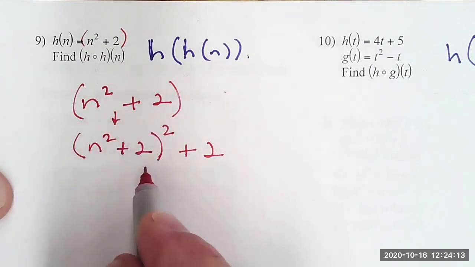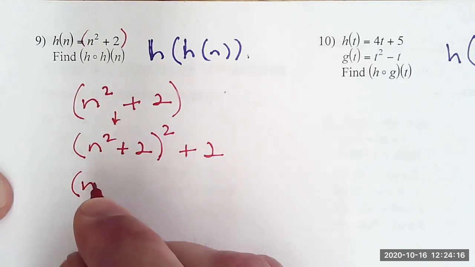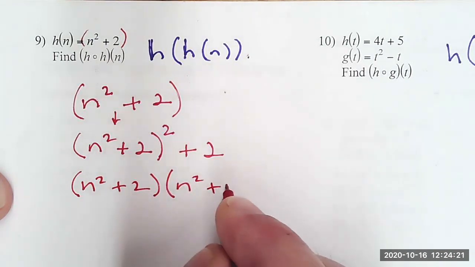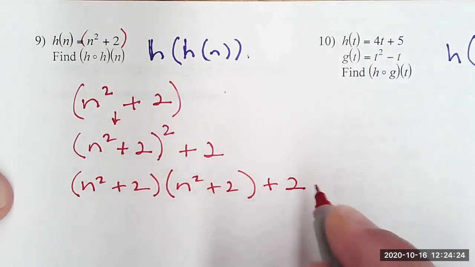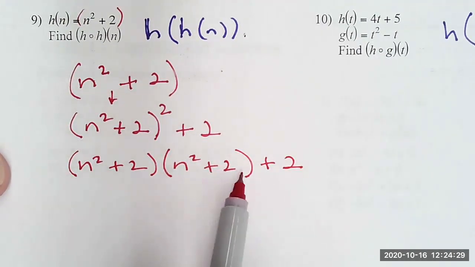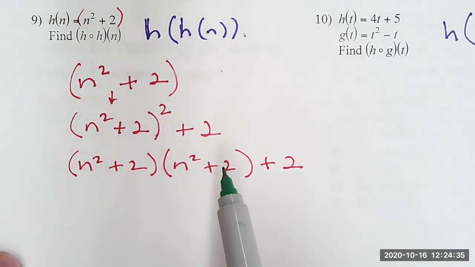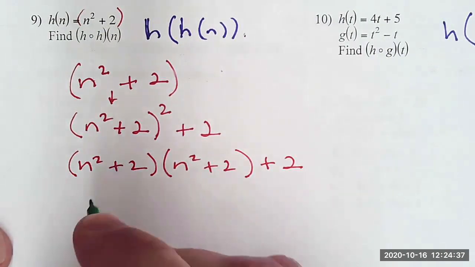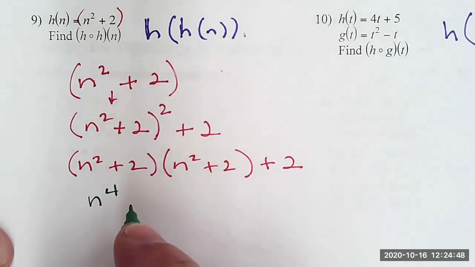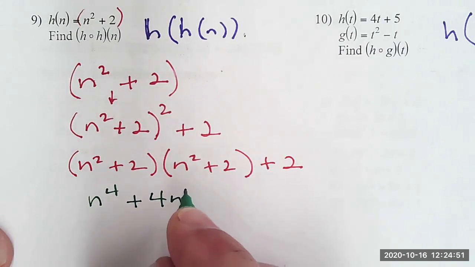To square this, I can expand it and then use FOIL to come up with the standard form or expanded form of this, which would be: first is going to be n to the 4th, n squared times n squared, plus 2n squared, plus another 2n squared, that's the outside and inside products, for a total of 4n squared.